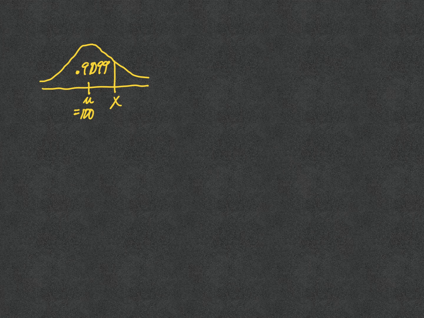But we know that it's that probability covering this area. And what we want to find is the data value that goes with that probability.